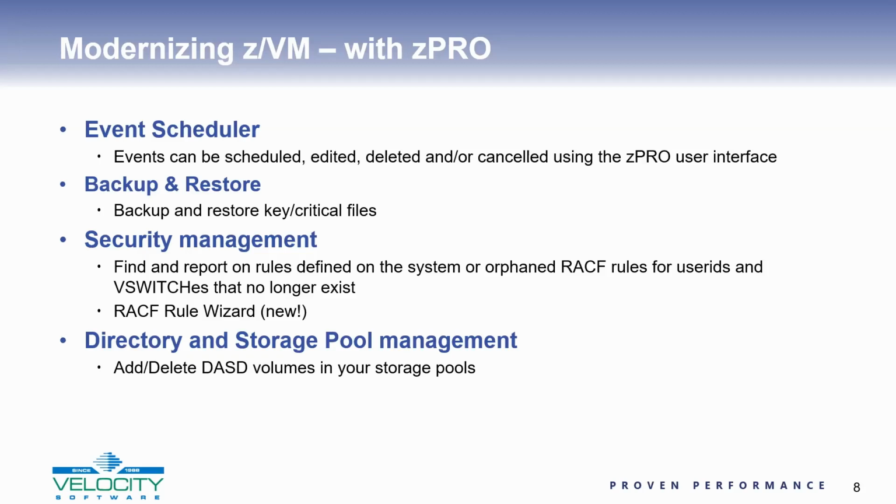I've added backup and restore capability into zPRO so that you can back up and restore key critical files. A lot of people don't have native backup and restore products on their systems. And oftentimes we're going without actually doing backups of any kind.